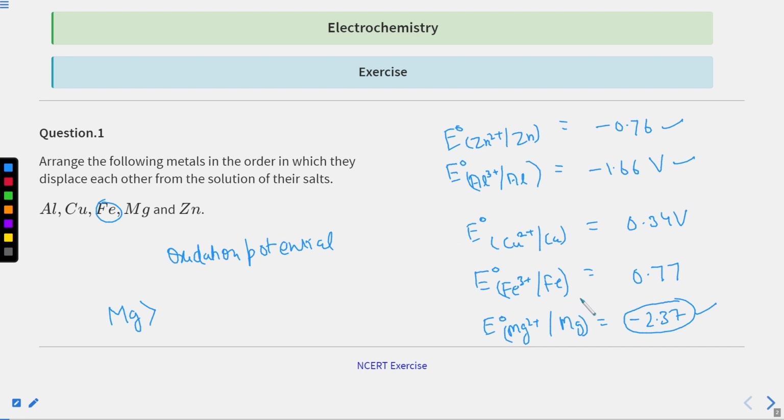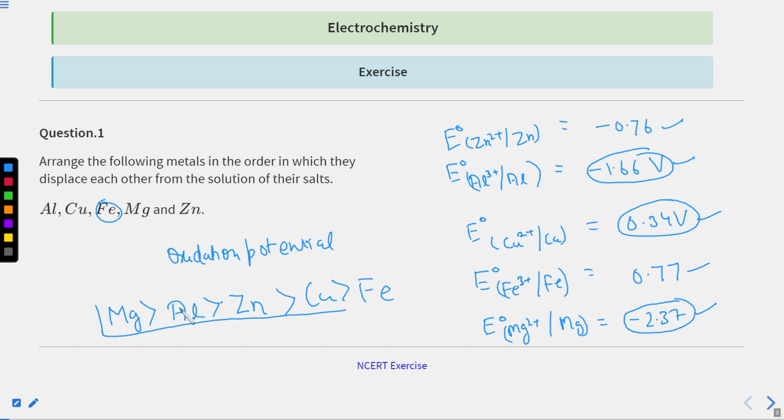Then we have second as minus 1.66 volts, which is for aluminium. After that, it is zinc. Talking about the reduction potential of these two, this one is least among these two. So this is copper. And the last one is Fe. So this will be our order.